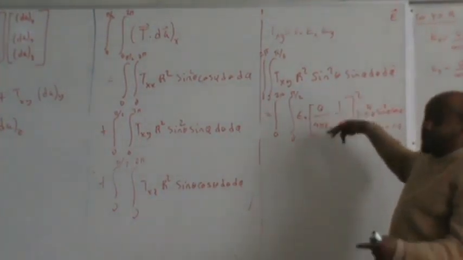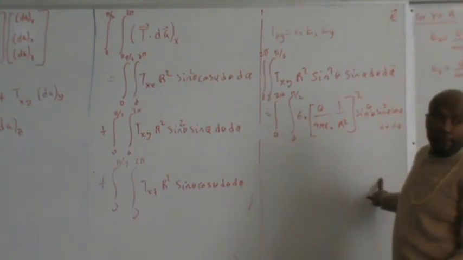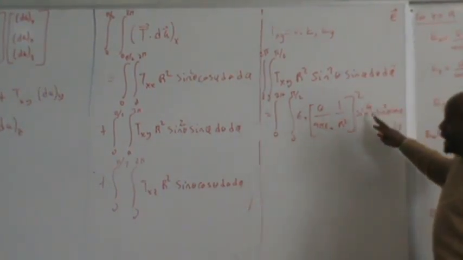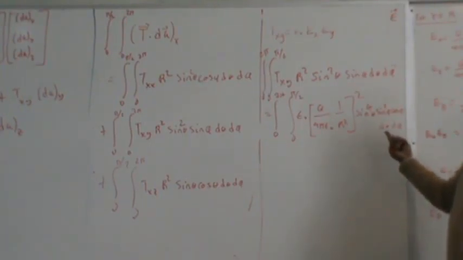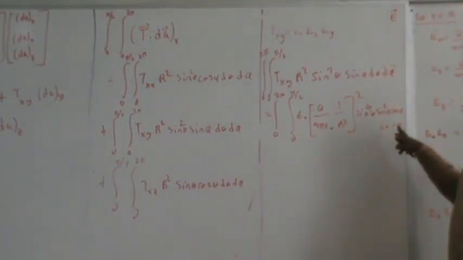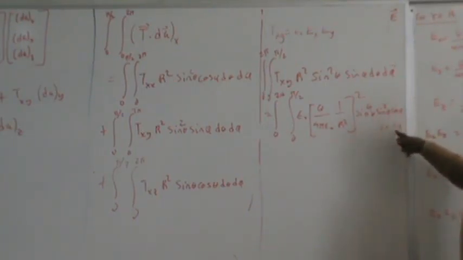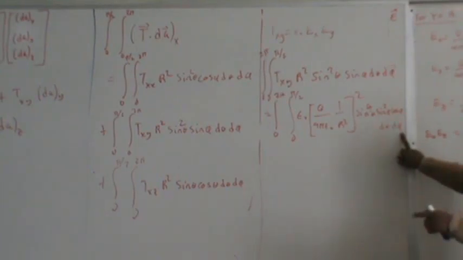Because when you integrate first with respect to phi, what do you get? When you integrate sine squared phi, cos phi, d phi, it gives you sine cubed phi over 3, right? When you evaluate that at 0 and 2 pi, what do you get? 0.